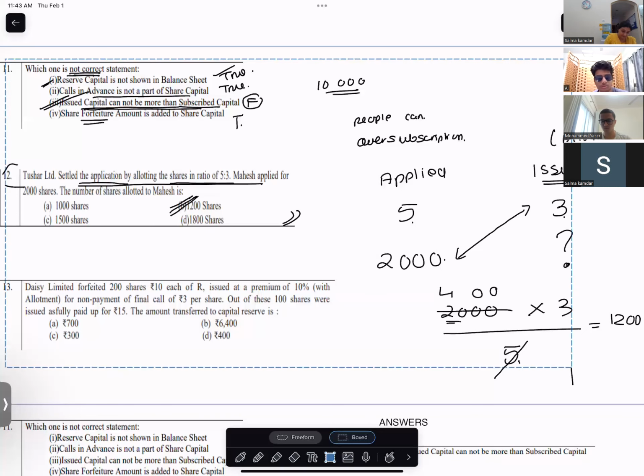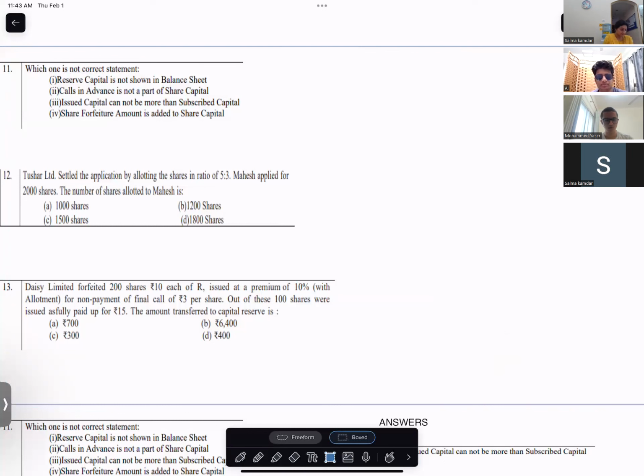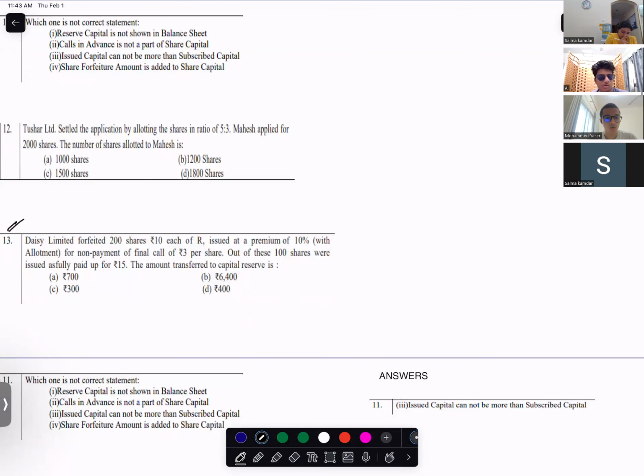Next question. Daisy Limited forfeited 200 shares of rupees 10 each issued at a premium of 10% for non-payment of final call of rupees 3.